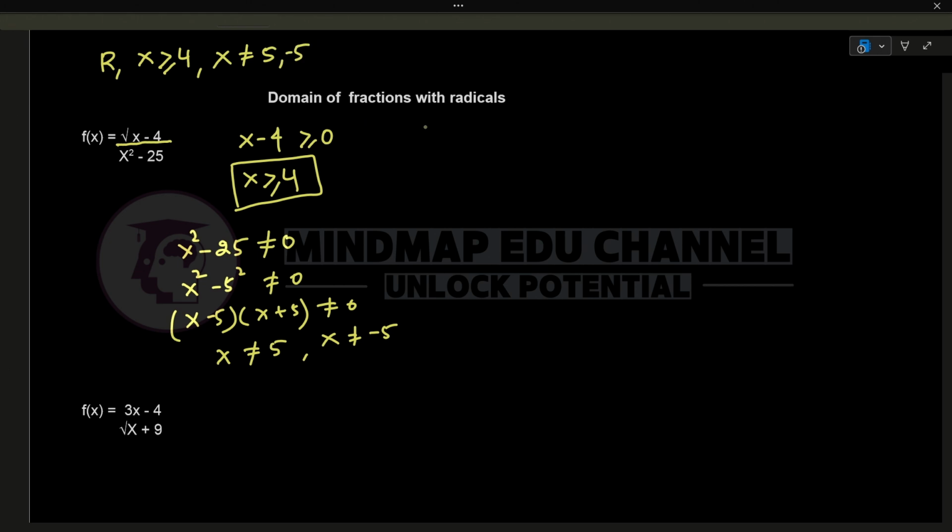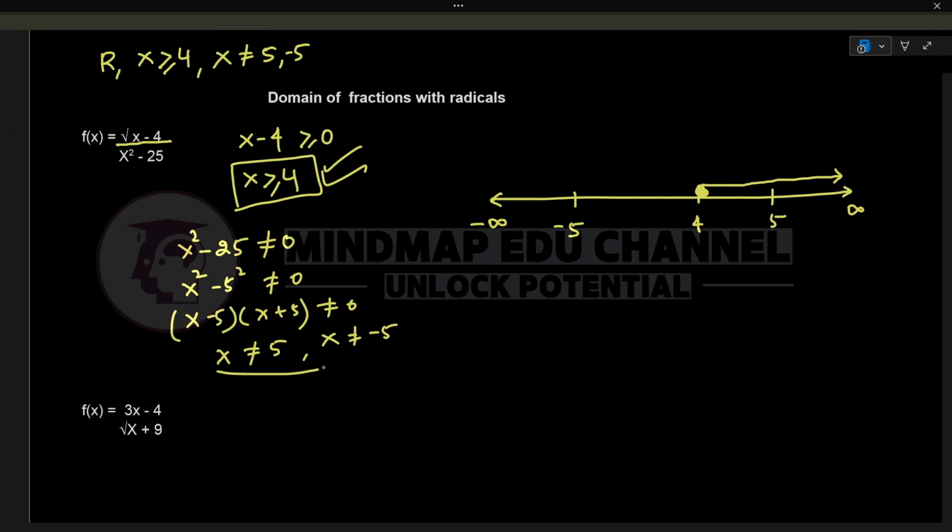Now, let's do it in interval notation. So, pay attention. In interval notation, we have minus infinity to infinity. Mark these numbers on the number line. So, here is our 4, here is 5, and here is minus 5. For the first result, x should be greater than or equal to 4, so here is a closed circle because the equal sign is there, and it goes this side.